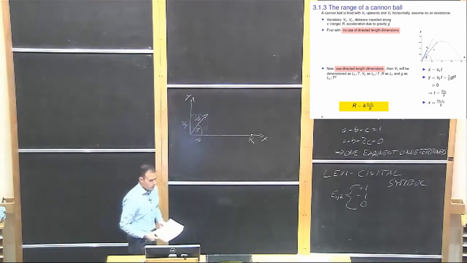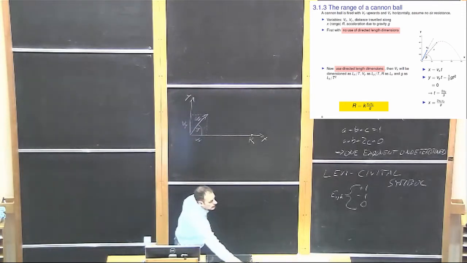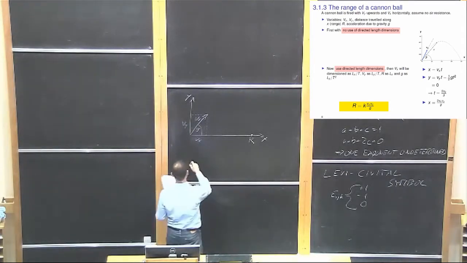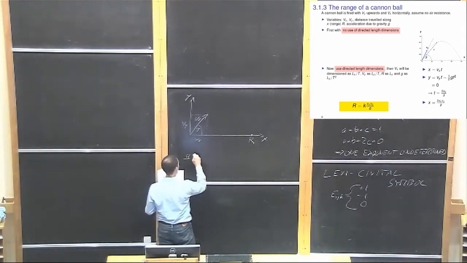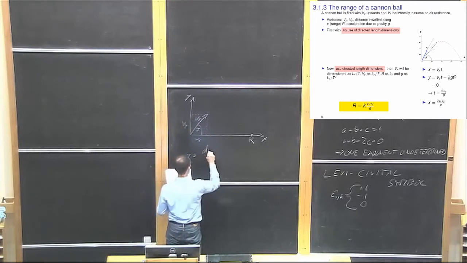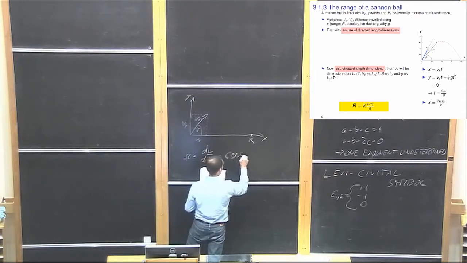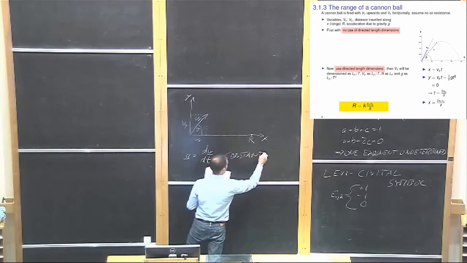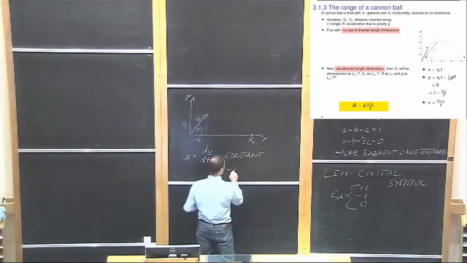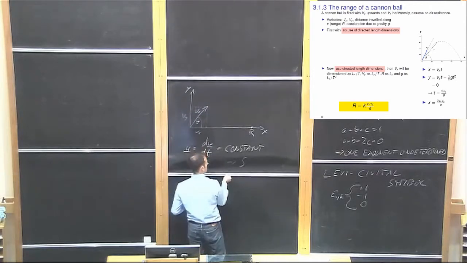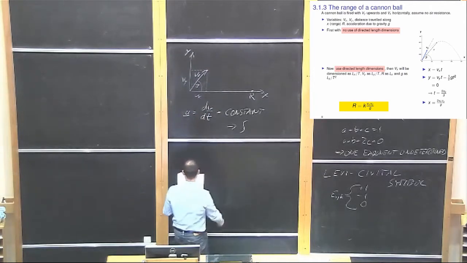So what we did last time, we started with vector A equals dv by dt equals constant, and did a few integrations to get to the equations of motion.